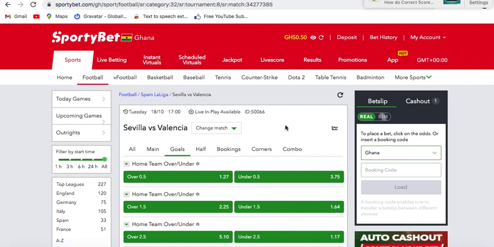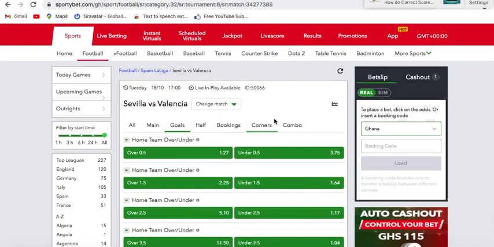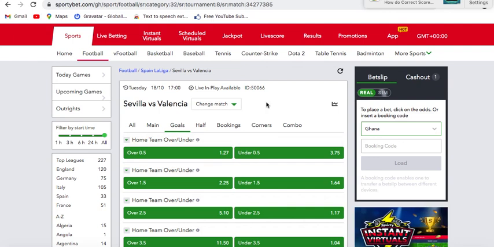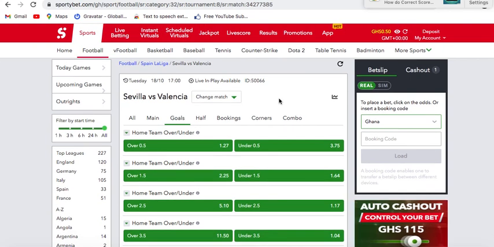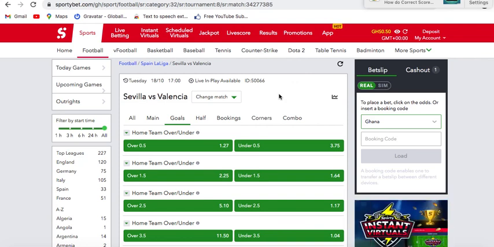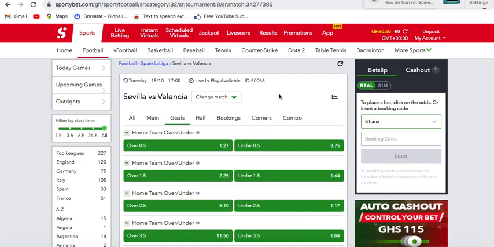Now I've already posted that video. So in this video I'm teaching you how you can predict total goals and use those total goals to predict your own correct score. And believe me, if you use these steps very well and you use this strategy very well, you can predict correct score every day for yourself.